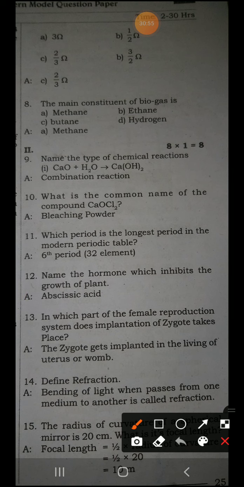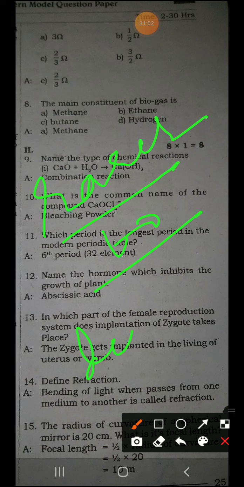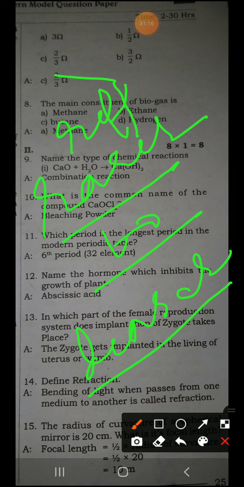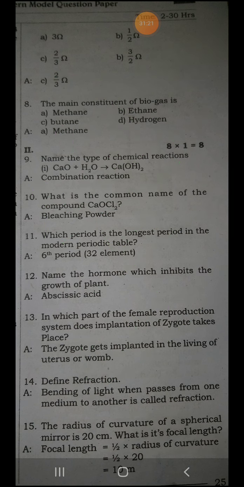When light travels from a rarer medium to a denser medium, it bends. That bending we call refraction.